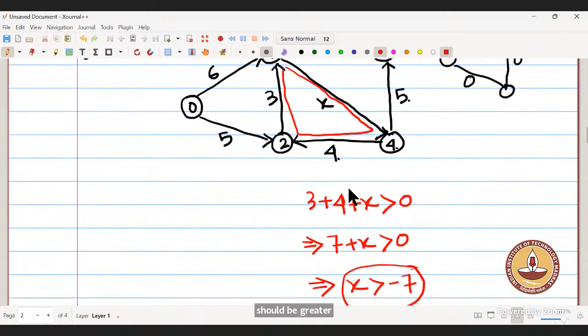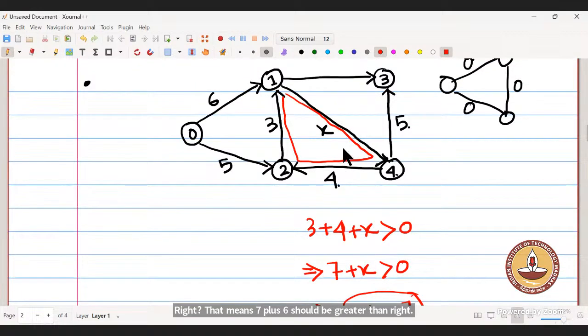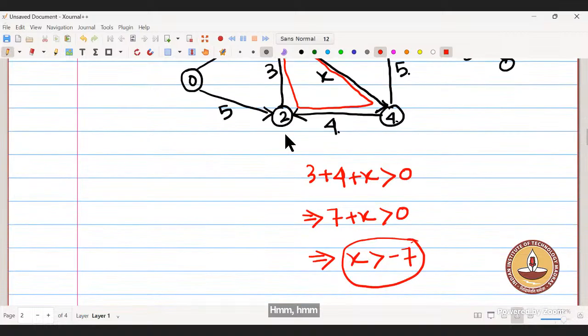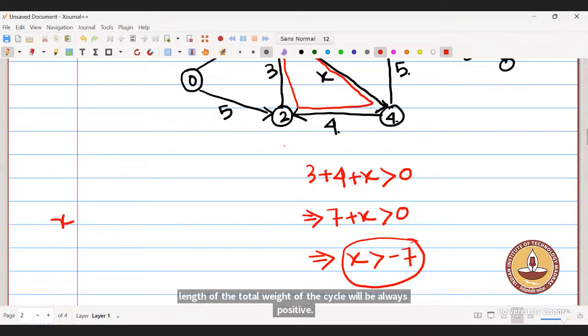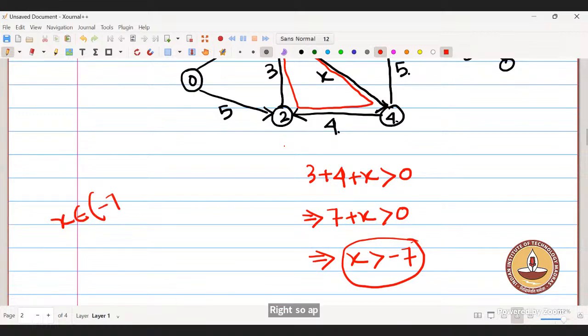If x is greater than -7, then the total weight of the cycle will always be positive, and you can apply the Bellman-Ford algorithm here. So the range of x is between -7 and infinity.